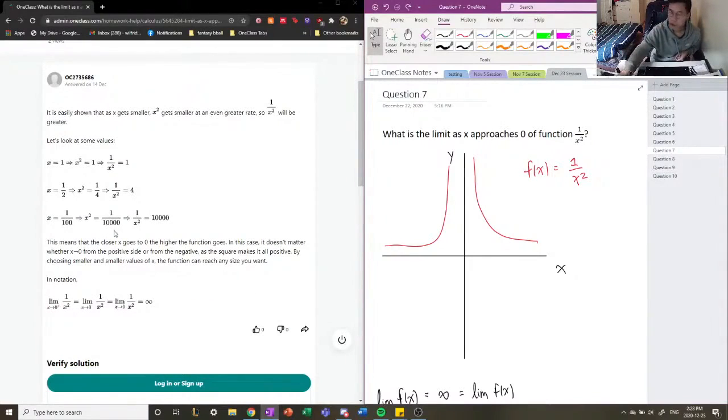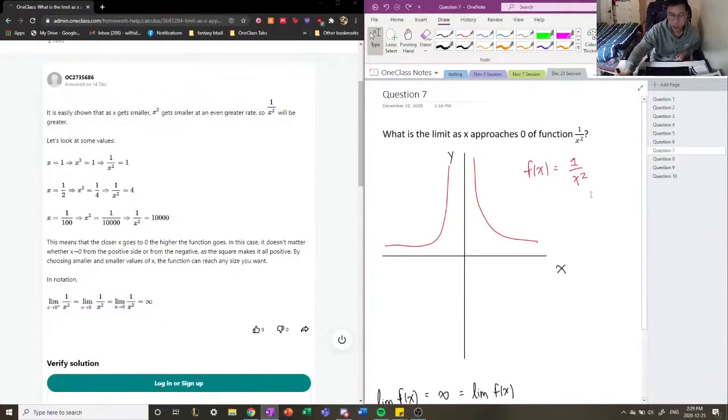If you're really unsure about the behavior of the function, you just start plugging in points as you get closer and closer to that value of x. In this case, we're getting closer to x equals 0, so we would have 1 over 100, 1 over 1,000, 1 over 1 million, and as we keep getting smaller, we keep getting bigger and bigger values.